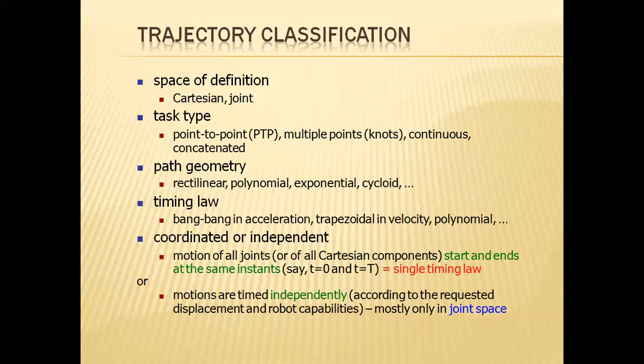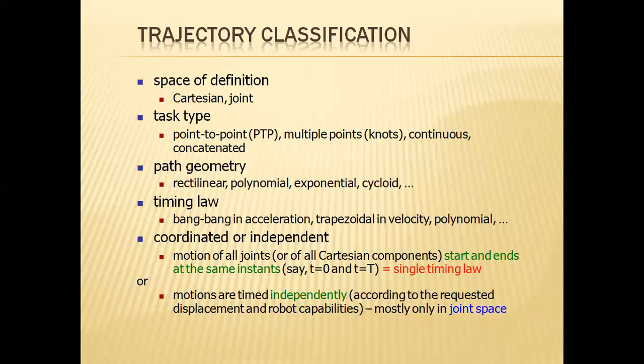Next, path geometry. It can be a rectangular motion or polynomials, or exponentials or cycloids, or even triangles. The timing law: bang-bang in accelerations because it will be shifting, trapezoidal in velocity, and polynomial.